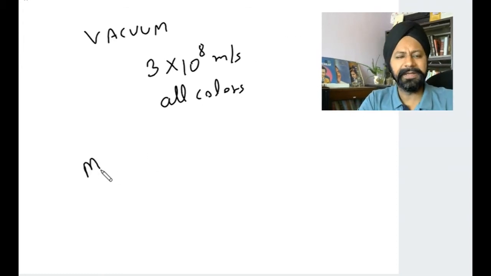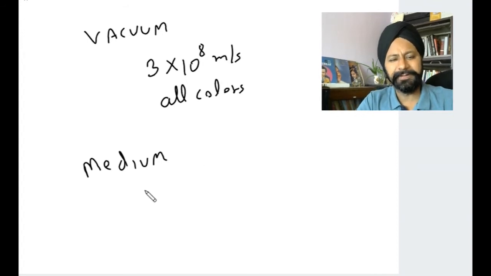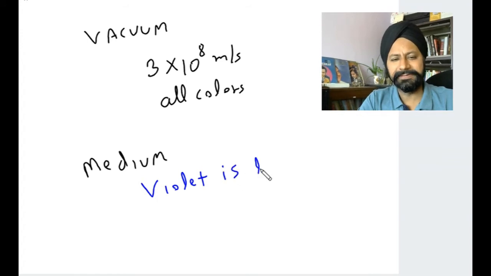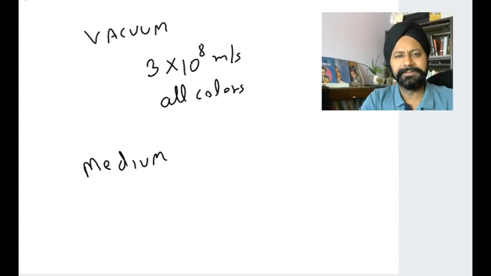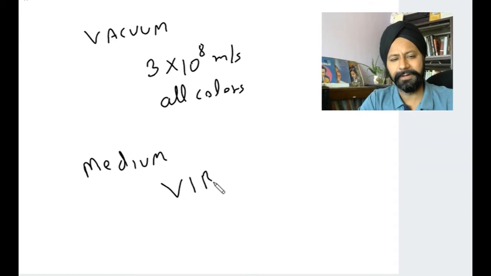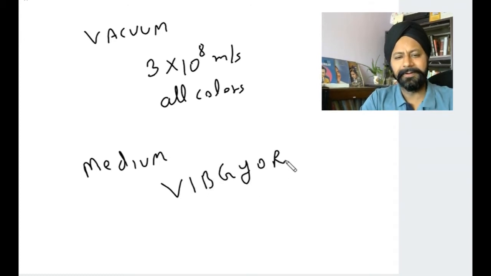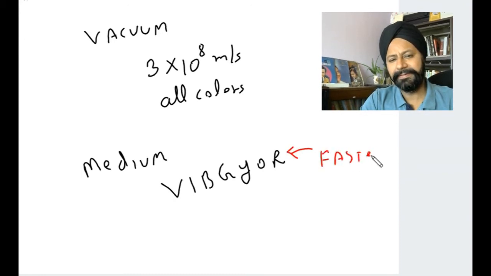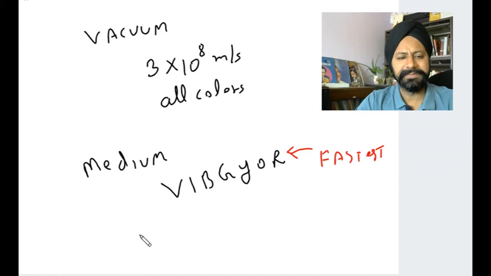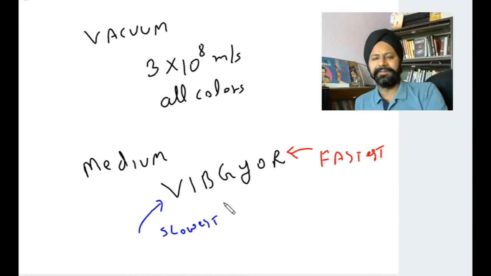But when you talk of a medium, and here is the key to the rainbow formation, the velocity of violet is slowest. Let's write VIBGYOR here, so that it's easier. So VIBGYOR, that's the rainbow colors. Red travels the fastest in a given medium, and violet travels the slowest in a given medium.